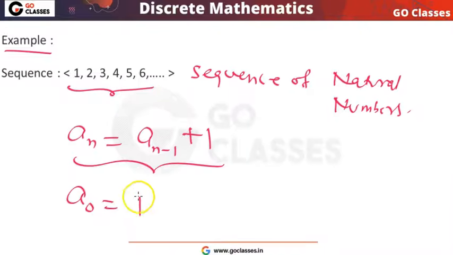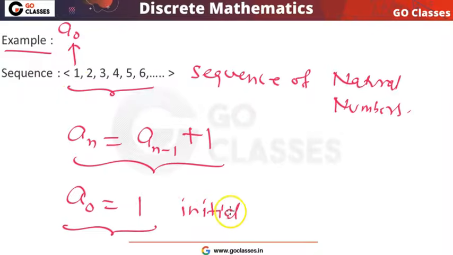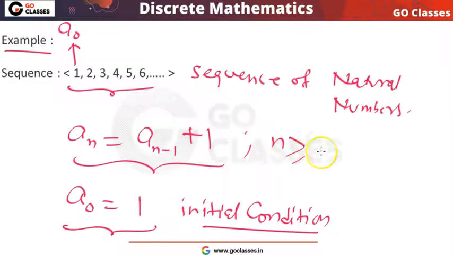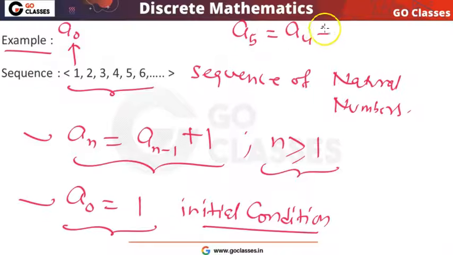The initial condition is A0 equal to 1, and after that, n is greater than or equal to 1. Every term depends on the previous term. For example, A5 is equal to A4 plus 1. So this is another example of a recurrence relation.